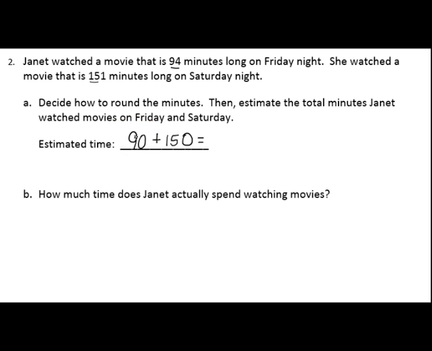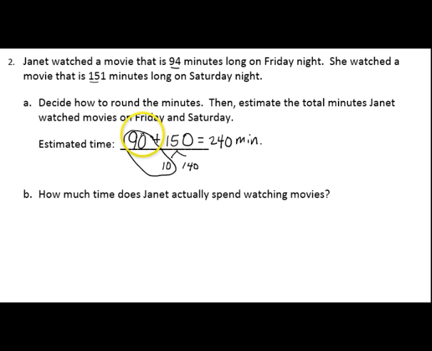Now my estimated sum then is 90 plus 150. I'm going to think of the 150 as being 10 and 140. I can make 100 here, so 100 plus 140 is 240 minutes. So that's my estimated answer.